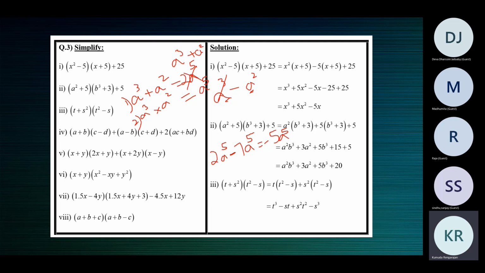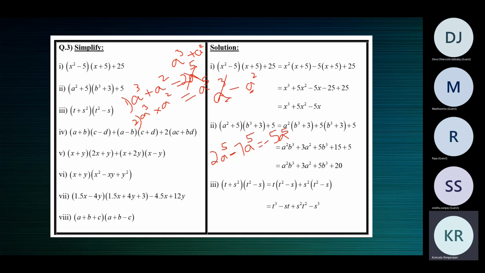Then the answer should also be a like term. So if it is a power 5, the answer will also be a power 5. I don't want any of you to go wrong in adding or subtracting in future. Yes or no, children? Yes, ma'am. They should be like terms.